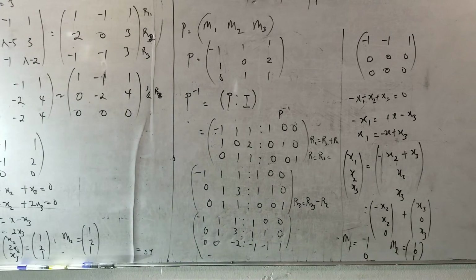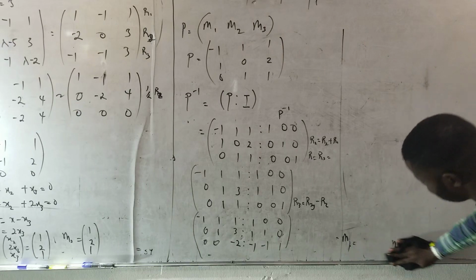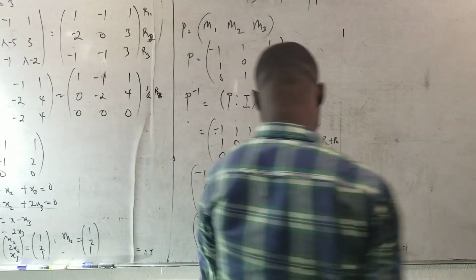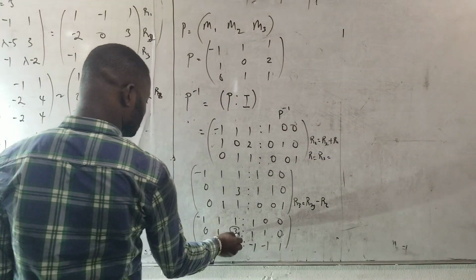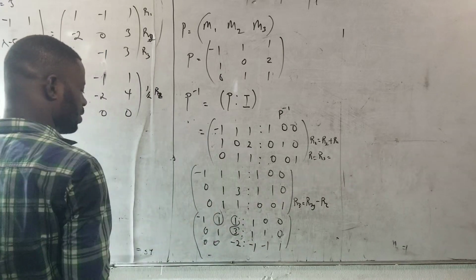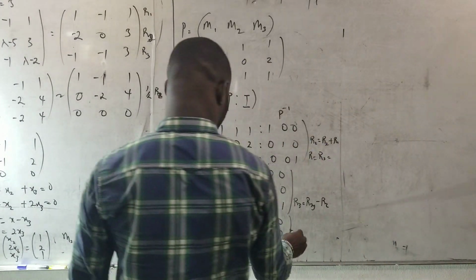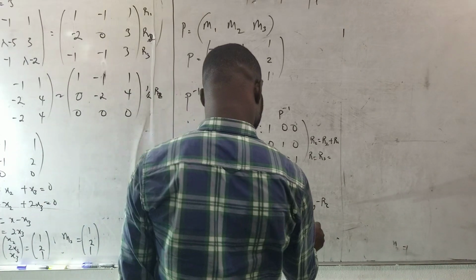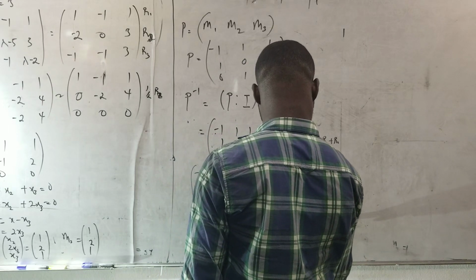Now, can you see I'm trying to find the inverse of the given matrix? By so doing this, I can continue by having this to be 0. I need this to be 0, this to be 0, this to be 0. That is what I'm trying to work on now. I can say that my R1 will be equals to R1 minus R2.